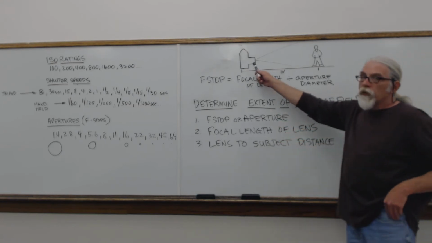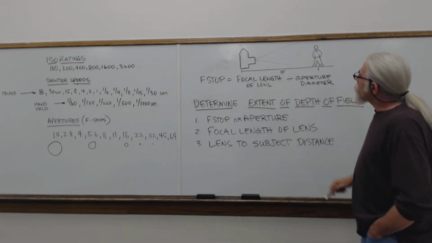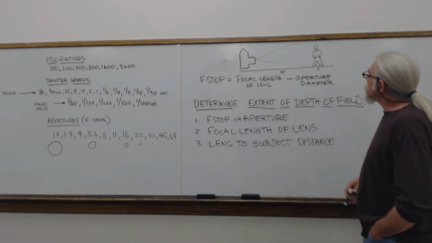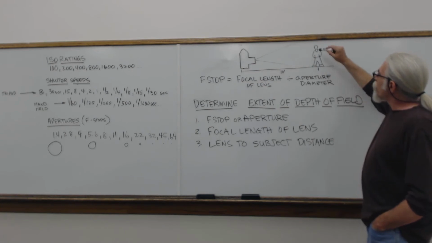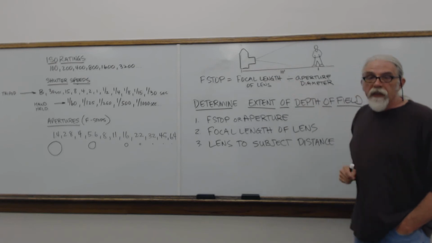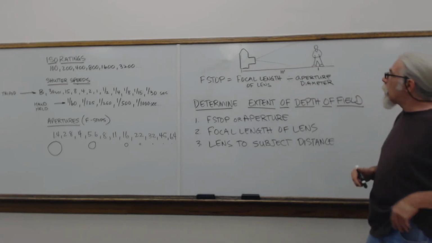Now, I'll give you an example. So here's our camera up here, and the focal plane where our CCD lies is exactly 10 feet away from our little guy here. And like I said, the lens can only focus at one point at a time.